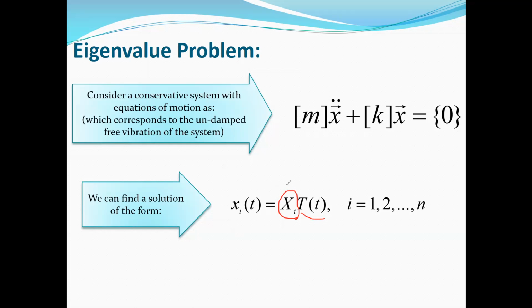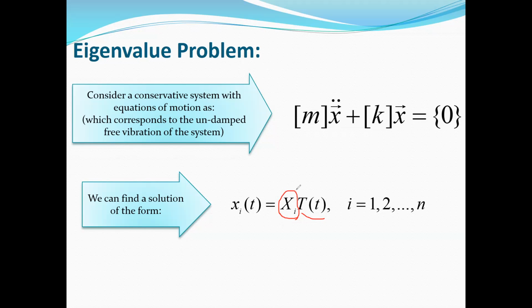According to this assumed solution, the responses for all of the degrees of freedom, x1 to xn, will have the same time part. So they will vibrate synchronously with the same frequency, but the amplitudes are different. This is exactly the same assumption that we used in the 2 degree of freedom system.